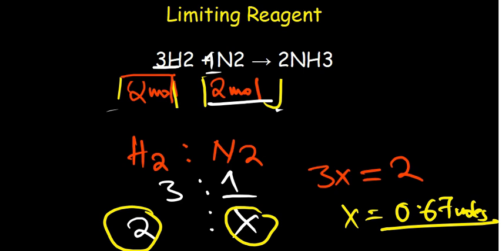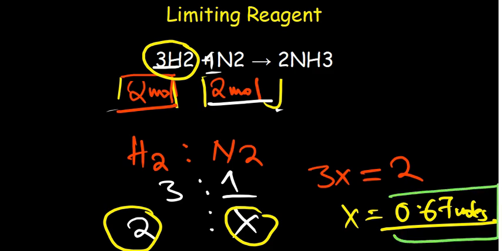What this means is, when you react 2 moles of nitrogen and hydrogen, the 2 moles of hydrogen is going to finish by only reacting with 0.67. So meaning that from the 2 moles of nitrogen available, only 0.67 is going to be used.